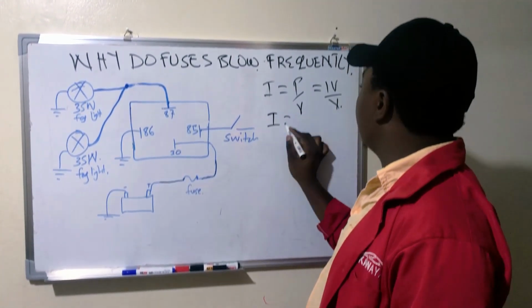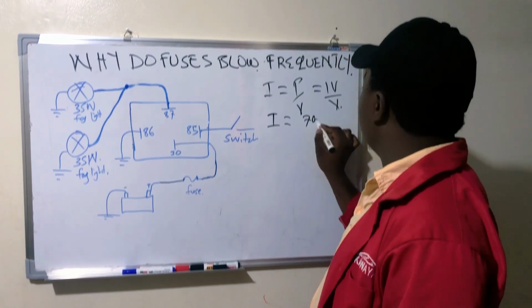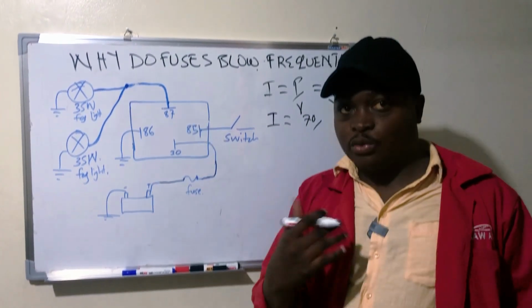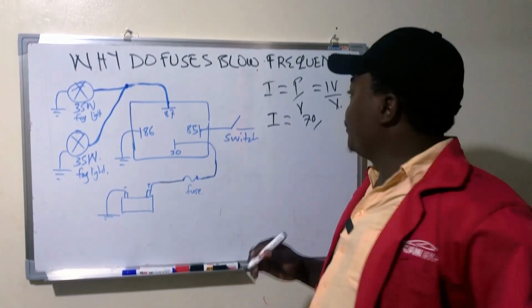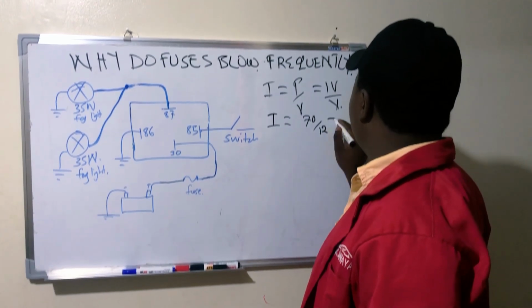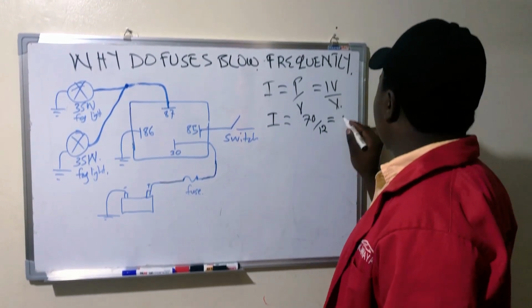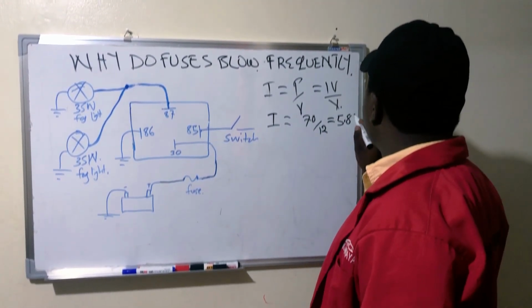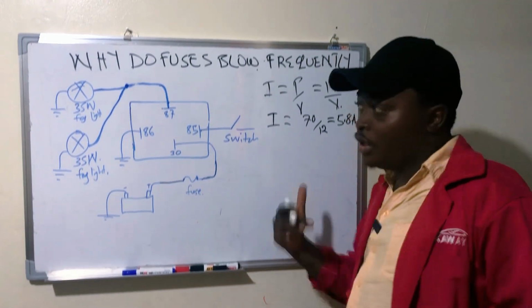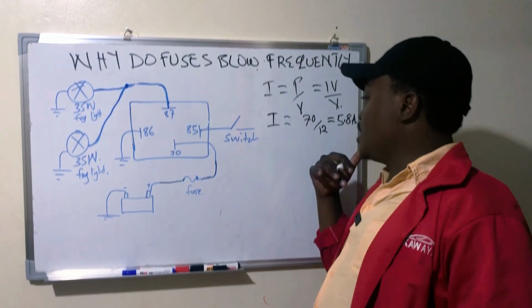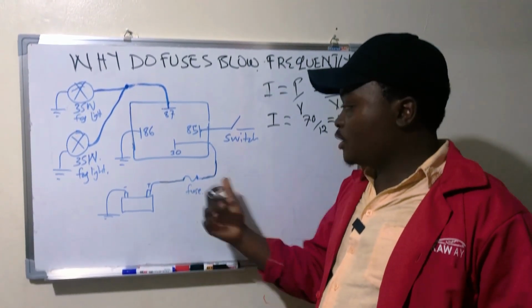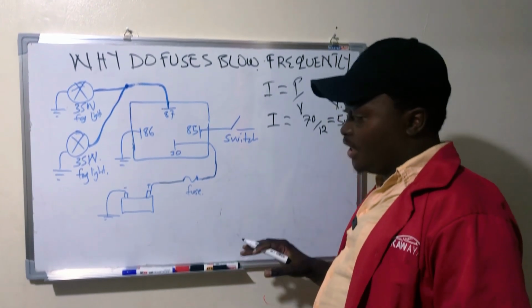So our current rating will be 70 over, let's say this is a 12 volts car, over 12, which will essentially be 5.8 amperes. So this is the actual current that is passing through this circuit.